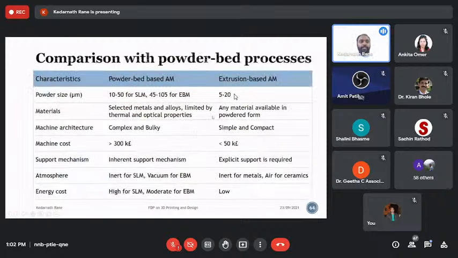I would like to summarize here by comparing the powder bed processes and extrusion processes. You can see the particle requirement is much finer. Any material can be processed. The cost is very low as compared to the commercial powder bed processes, because they have laser systems, powder beds, and a lot of other costs involved.